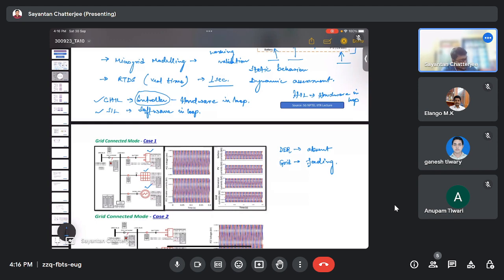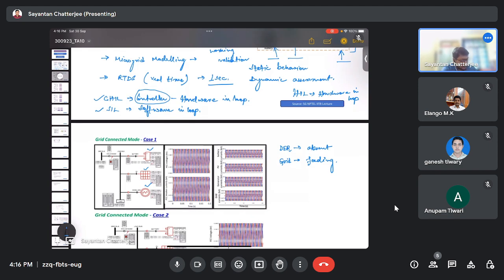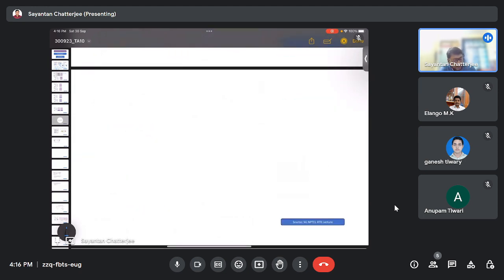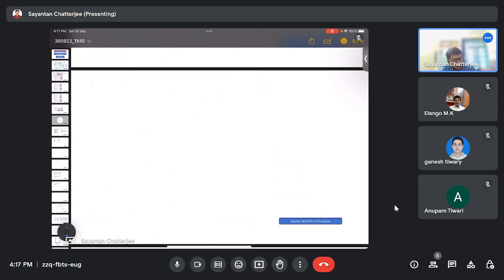Last day you also discussed that we have such issues. Suppose there is a PV, here it is a solar PV. This is the bus. Here is a PV. Here is a battery energy storage system.